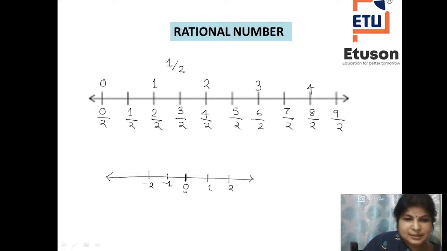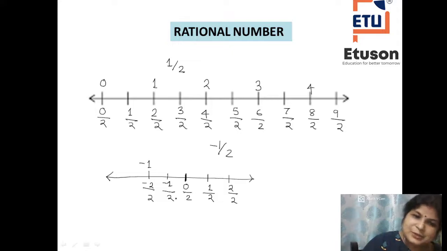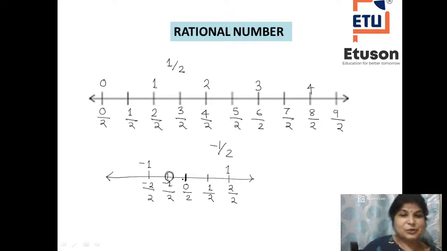Because you want minus 1 by 2, the denominator is 2, you divide each by 2. So minus 2 by 2 is what? Minus 1, and here comes your minus 1 by 2, and here comes your 1. This is the simplest way by which you can represent your rational number.